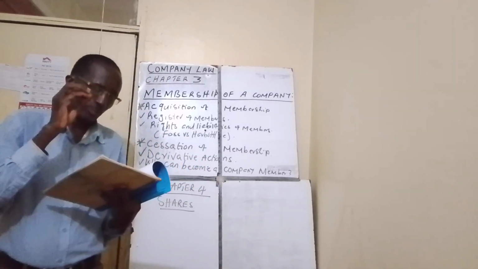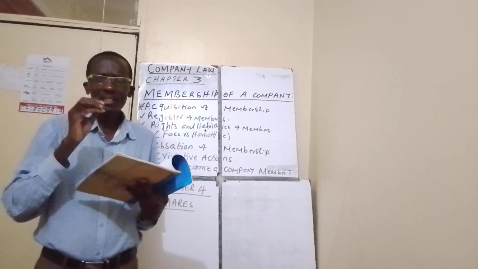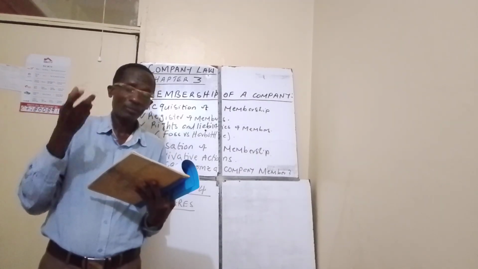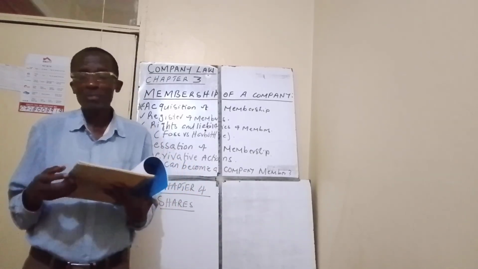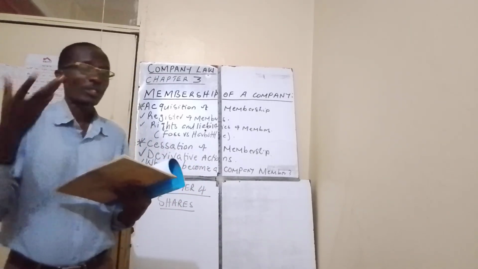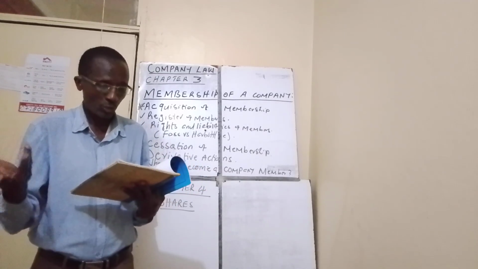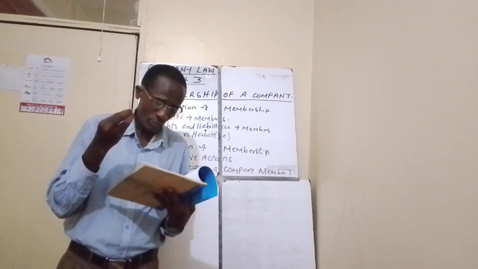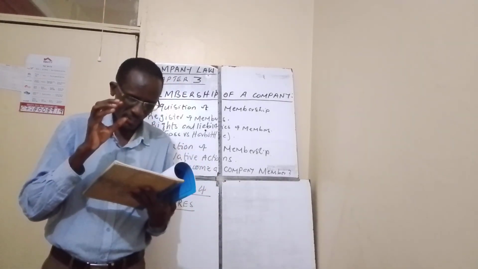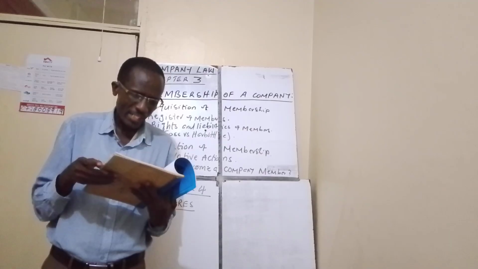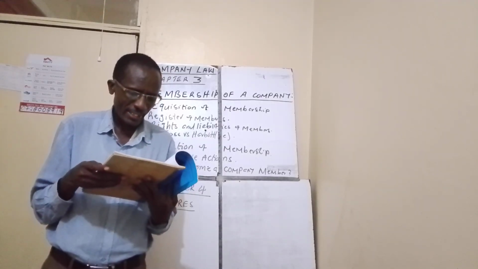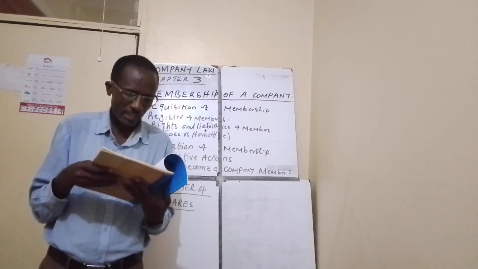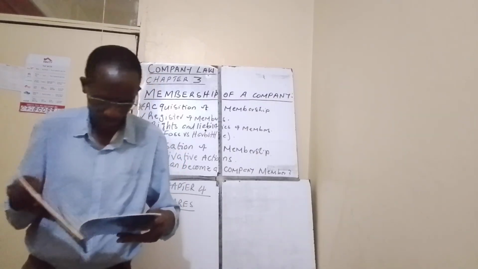Transmission is involuntary, for example, death of a shareholder, or bankruptcy. So we look at transfer and transmission of shares. Then transfer of shares under the central depository system. And lastly, mortgaging and charging of shares.